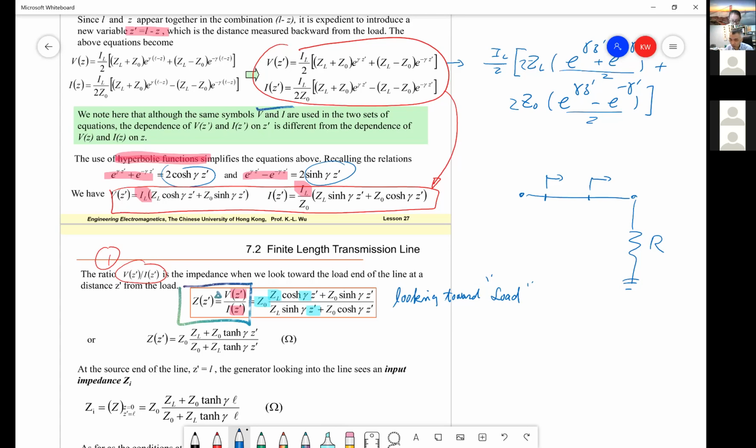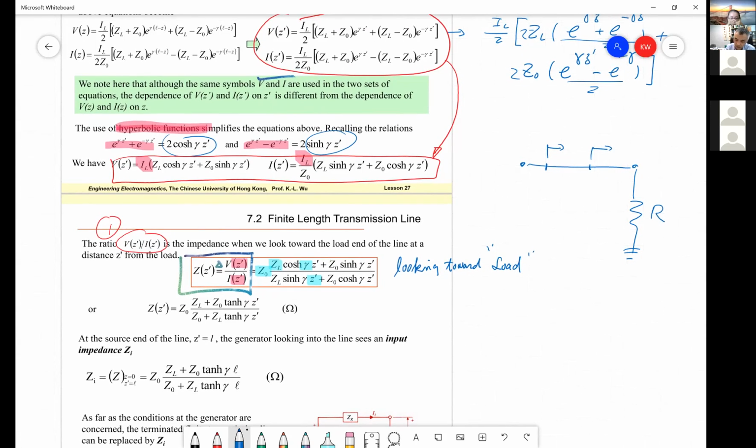So in an ordinary circuit, we don't have this problem. But in RF, in microwave circuits, the impedance at different locations is different, okay? And of course, it is proportional to the characteristic impedance, okay?